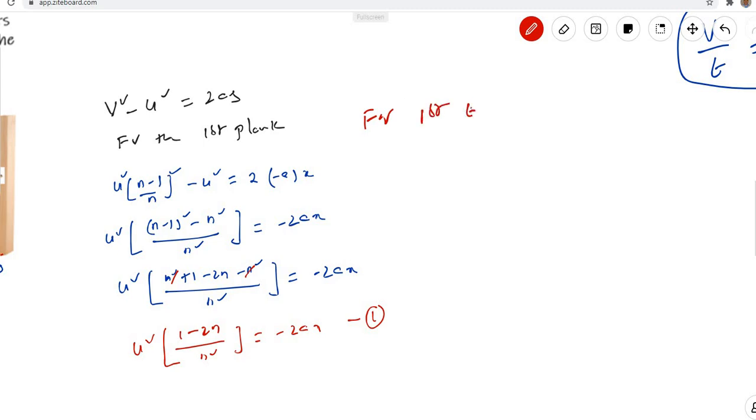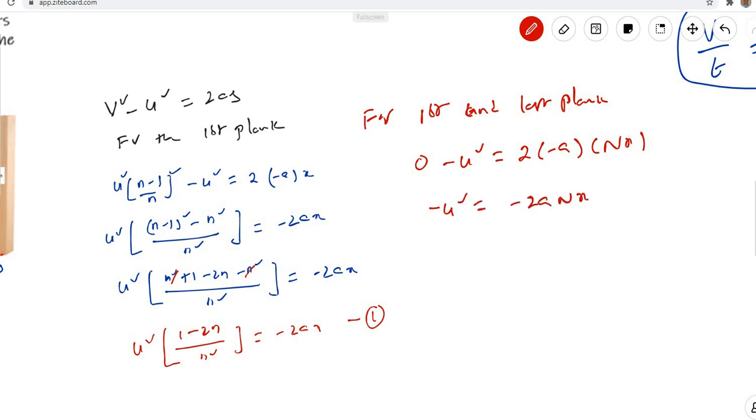So I'm using the same v square minus u square. The final velocity is 0, minus u square is equal to 2 into minus a, and the total distance traveled is Nx because the thickness of each plank is x. So that becomes minus u square is equal to minus 2a into Nx. Let us call this equation 2.